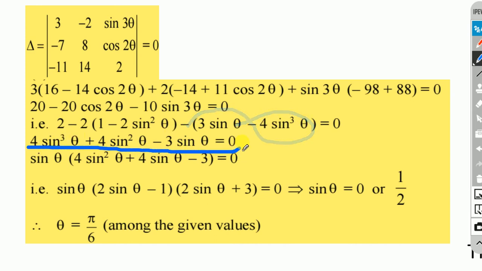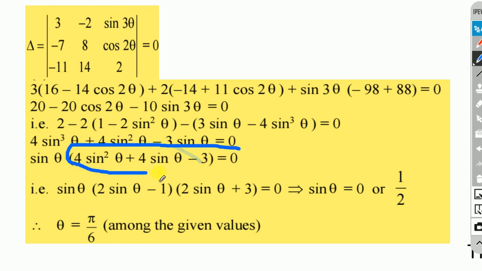So this is a cubic expression in sin theta. Let me take sin theta outside, that is I am taking sin theta common here. So I have sin theta into 4 sin square theta plus 4 sin theta minus 3 is equal to 0.